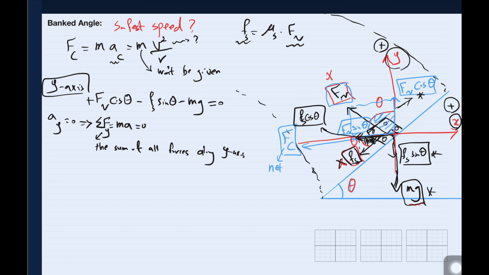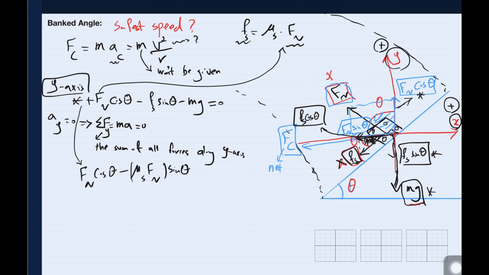Okay, so I'm looking for Fn, so I have to solve this equation for Fn, and then plug it into this formula to calculate Fs. So I'm going to do it here. So then Fn cosine theta minus Fs, which we said is mu s Fn, multiplied by sine theta, minus mg equals 0.